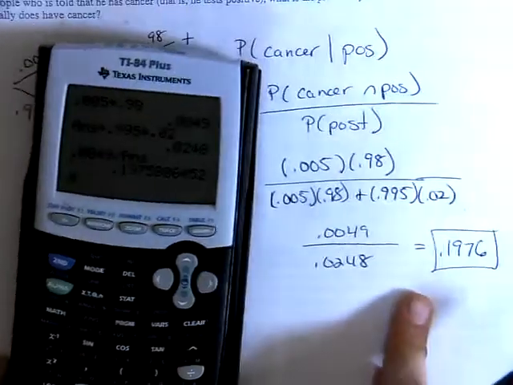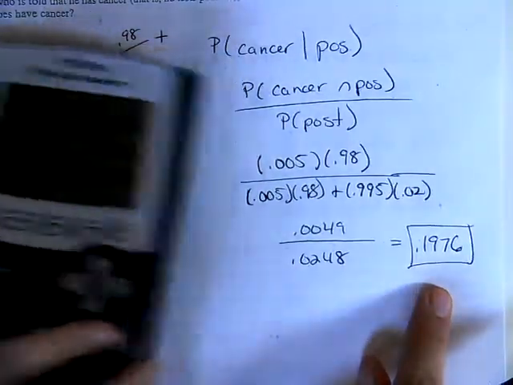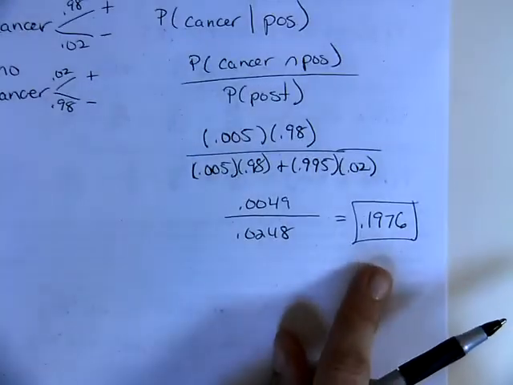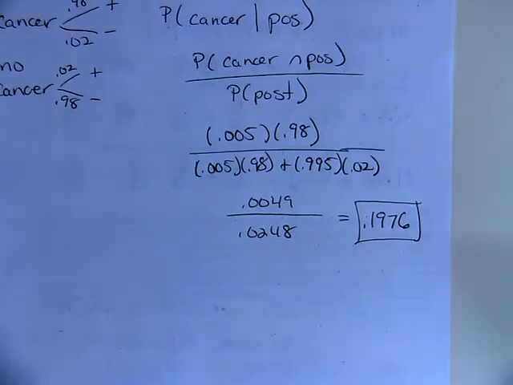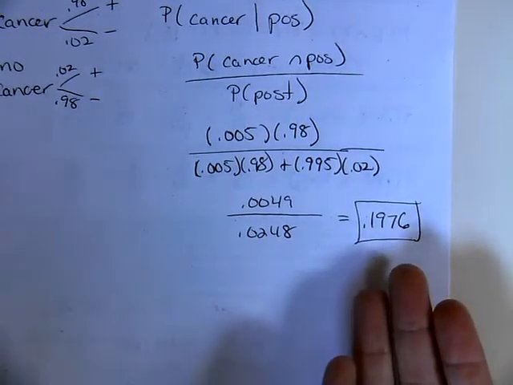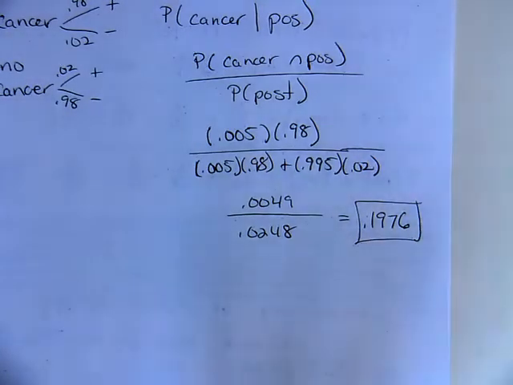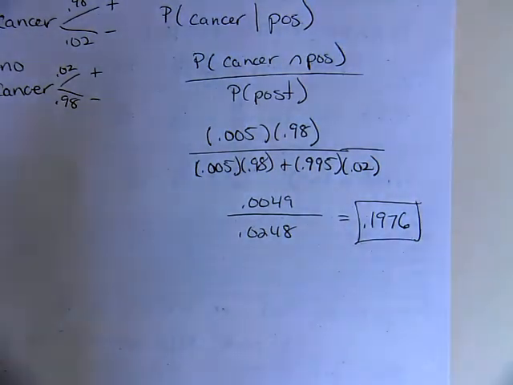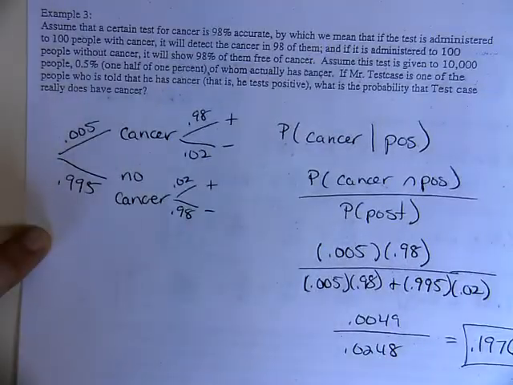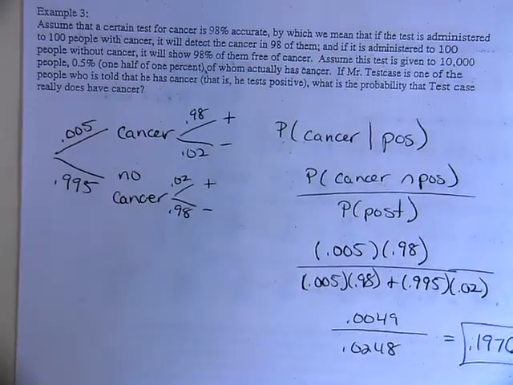So about a 19% chance that he actually does have cancer. Now a lot of people will ask, well, why is this so small? If it's 98% accurate, he should have a higher probability of having cancer given that he tests positive. The problem is that this cancer is so rare that it's really weighting your average down. So that's why it's such a small probability.